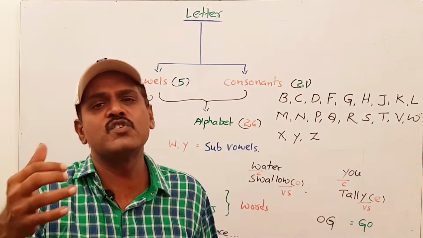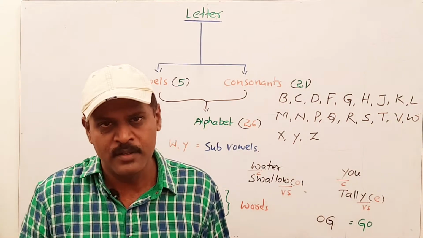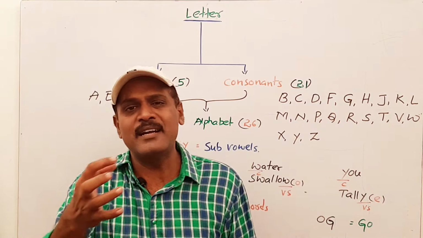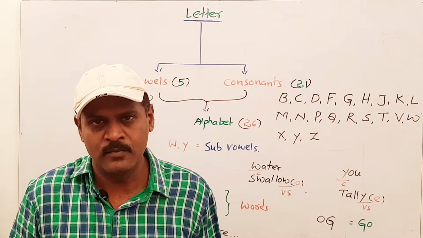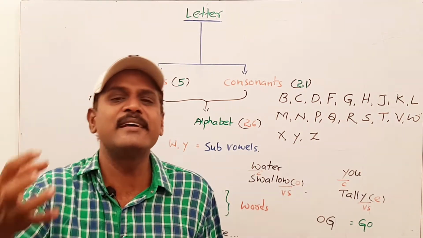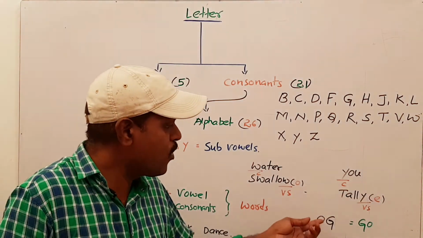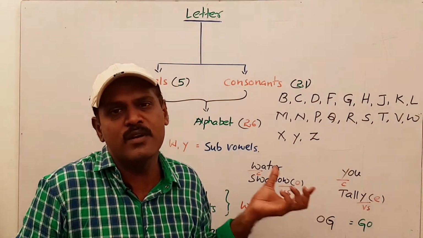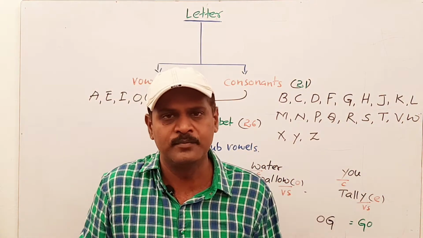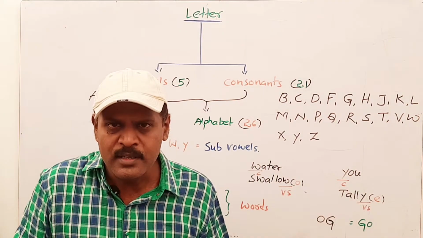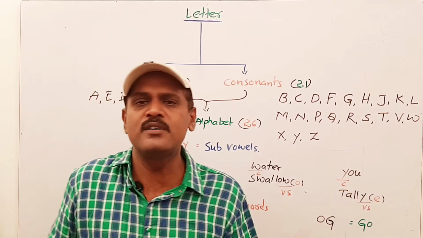Now I am going to tell you how to form a word. Every word contains letters. So if you write down any kind of letters, is it called a word? For instance, I write OG. These are two letters, one is O and the second is G. Is it a word? Can it be found in the dictionary? Absolutely not.